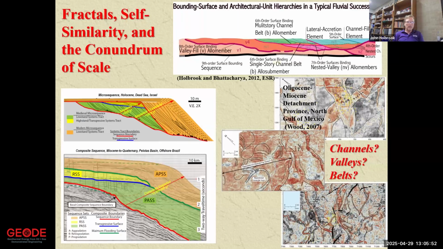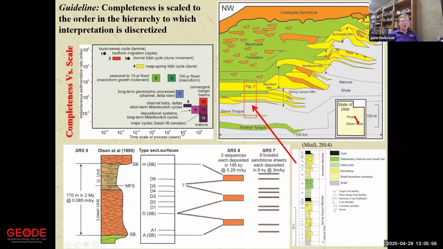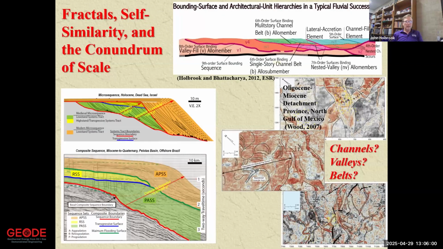So I'll call your attention to these two sequences down here in the lower left. The bottom one, back up one if you don't mind, Susan. The bottom one is a bunch of large-scale composite sequences of the entire Brazilian shelf. So you're talking about the entire Miocene depositing those 3 units.